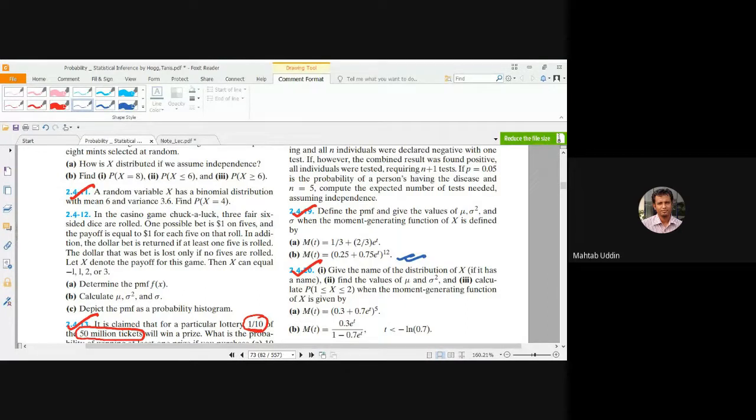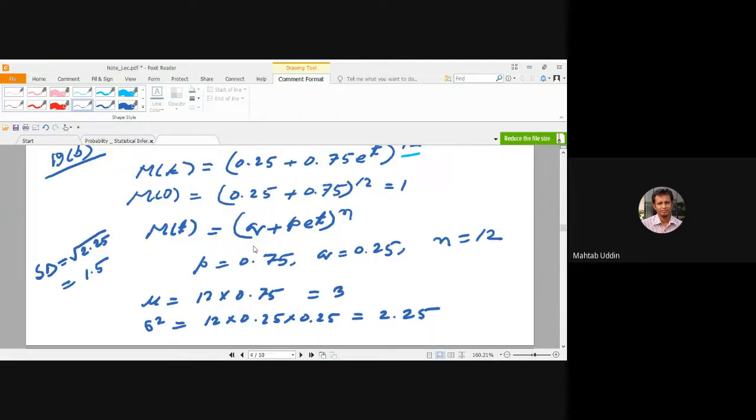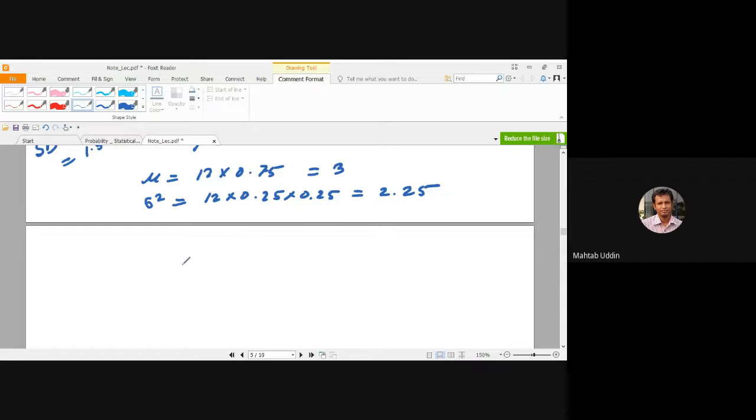Oh, I think we missed one thing. We didn't write the PMF here, right? We haven't written it, but we have to write it. What can we write? f(x) is what? 12 C x, 0.75 to the power x, 0.25 to the power 12 minus x.